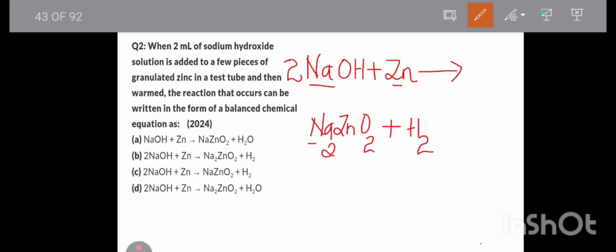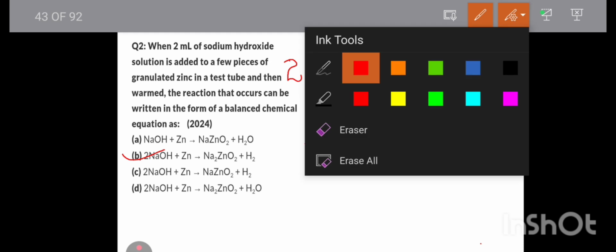Same way here also 2 sodium, 1 zinc, 2 oxygen and 2 hydrogen. So the correct option for this question is 2 NaOH plus Zn gives Na2ZnO2 plus hydrogen gas. Okay, so option B is the correct answer. Hope this question is clear to you. Let's move to the next question.